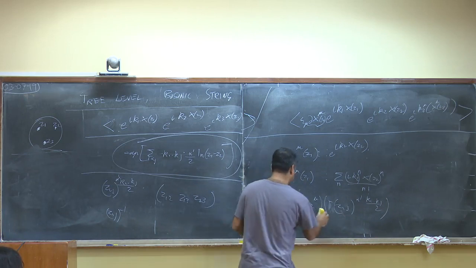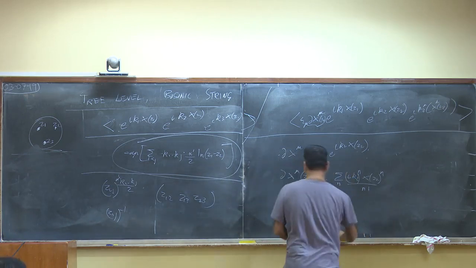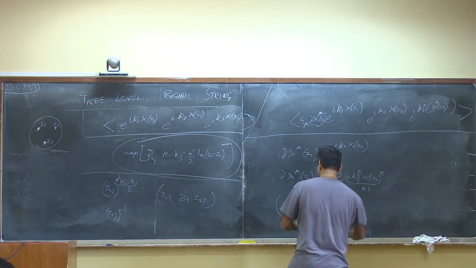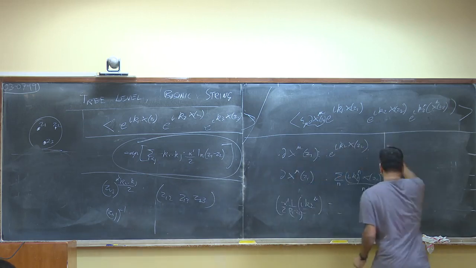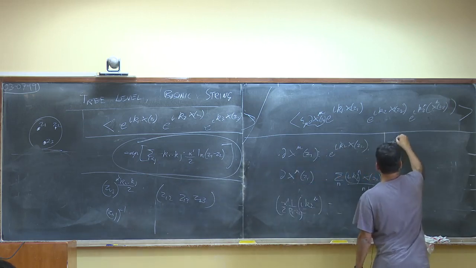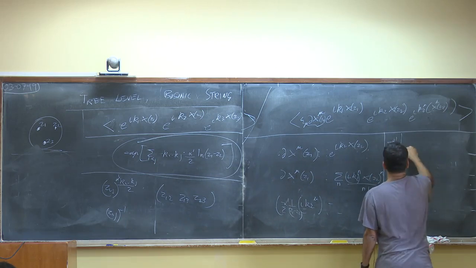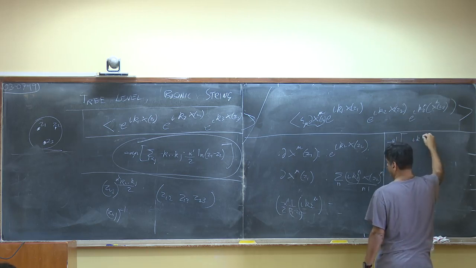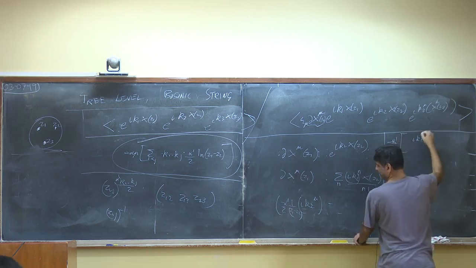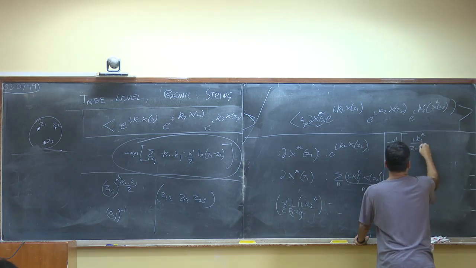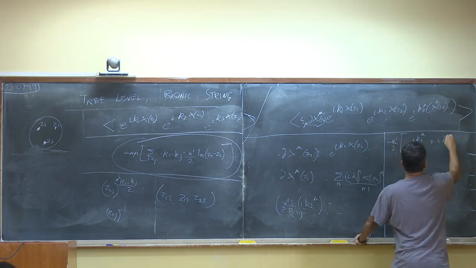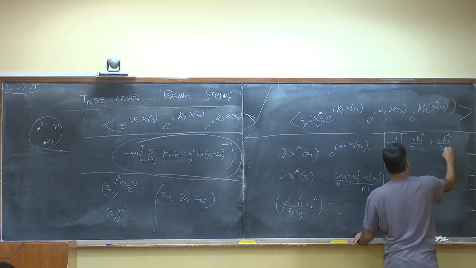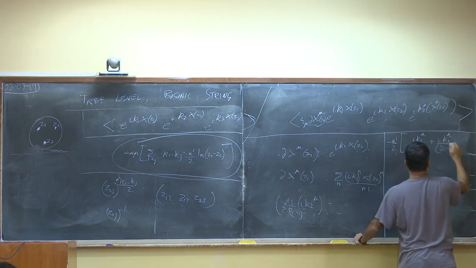Let me write the answer more systematically: minus alpha prime by 2 into i k2 mu over z1 minus z2 plus i k3 mu over z1 minus z3.